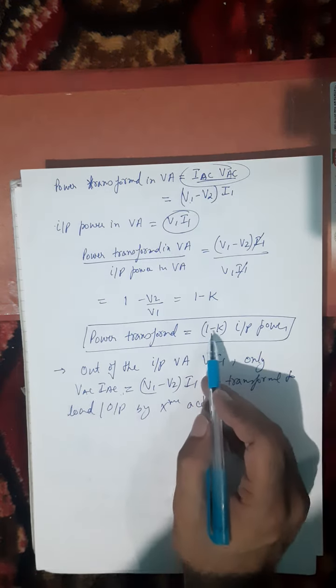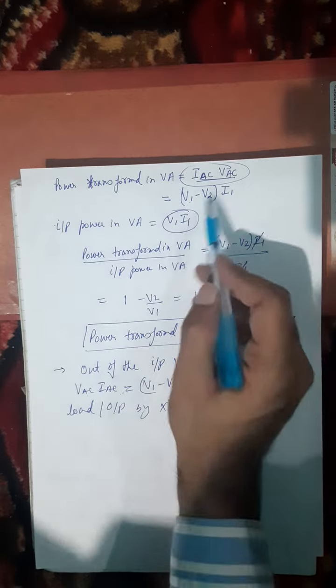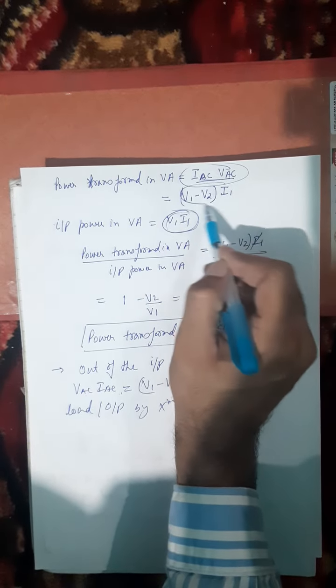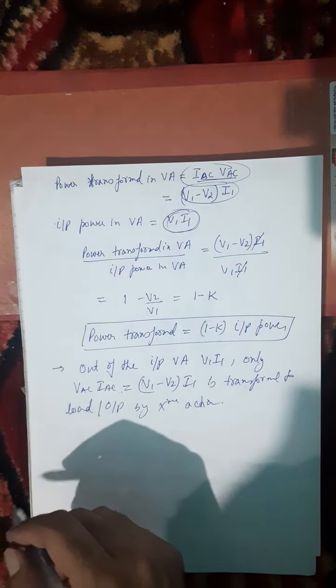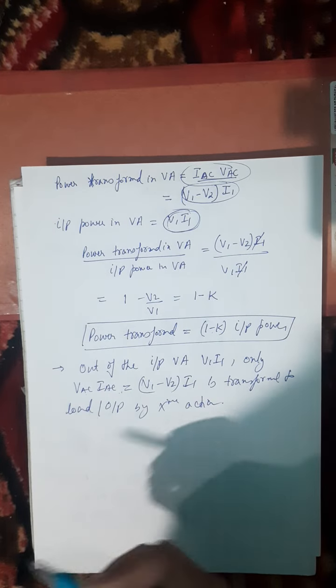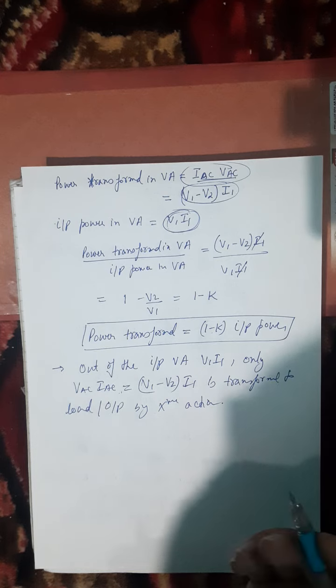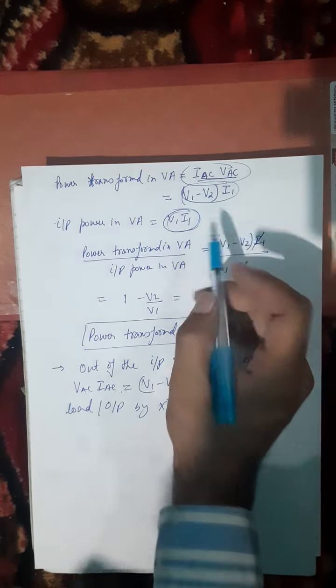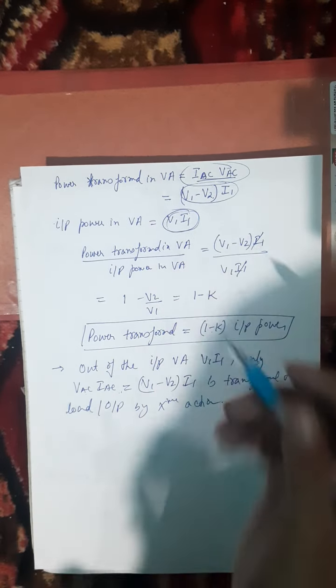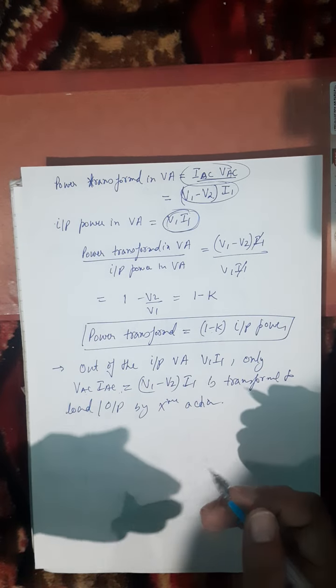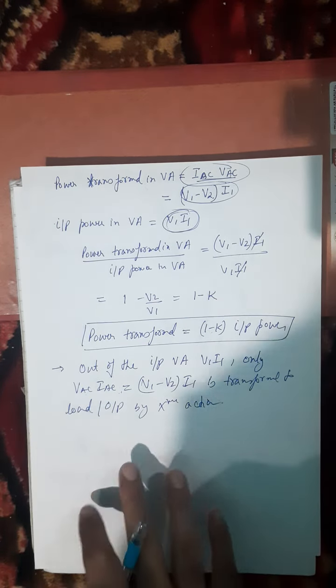Okay, this much is done by transformer action. Out of the total, this much power is transferred to the load by transformer action. So the rest of the power will be transferred to the load conductively. This is inductive transformer action, and the rest of the power will be transferred conductively, through conduction.